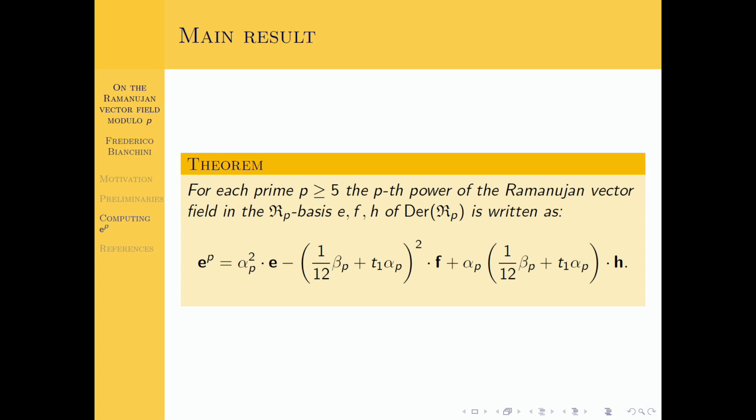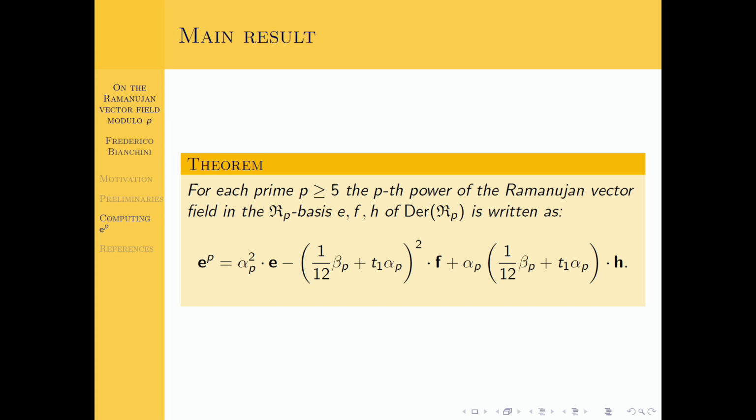So the theorem, the computation that I did, was this one. For every prime greater or equal than 5, the p-th power of the Ramanujan vector field in this R_p basis, which I'm going to define in a bit for you, so this is a basis of this algebra of derivations, is written in this way.